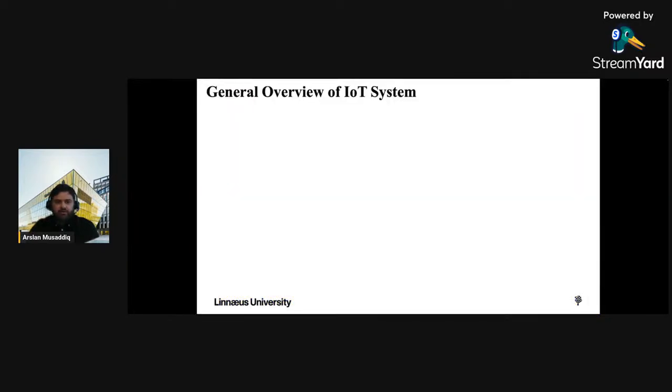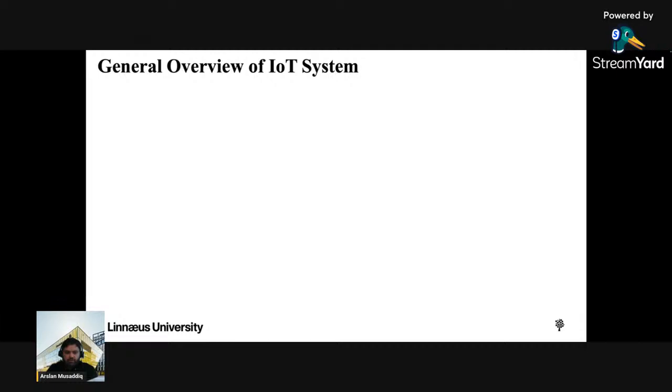So I will go through the general overview of an IoT system. Here, first of all, as we know, we have a device that consists of sensors and a microcontroller. It refers to the physical layer of the system. Microcontroller, or maybe it's better to call it a development board.